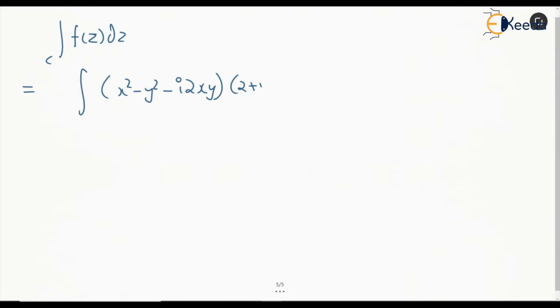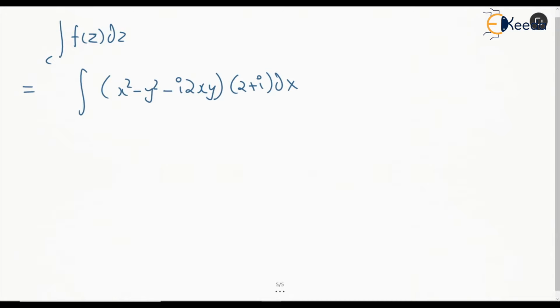So the integration will be f of z dz for the curve C. Now it can be given as x square minus y square minus i times 2xy, and instead of dz we will write 2 plus i dy.